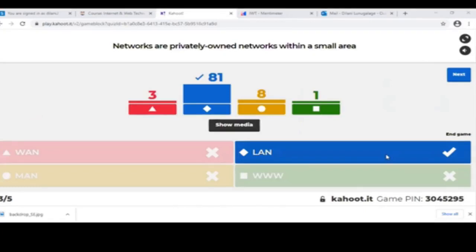Okay, so these 8, 9, 10, 11. So you people are not listening to the lecture? Or you just click whatever you feel like, or yellow is your favorite color or something like that? Or you can't see the questions? Okay. So 81, very good. So a privately owned network within a small area, that is LAN. 81% gave the correct answer.